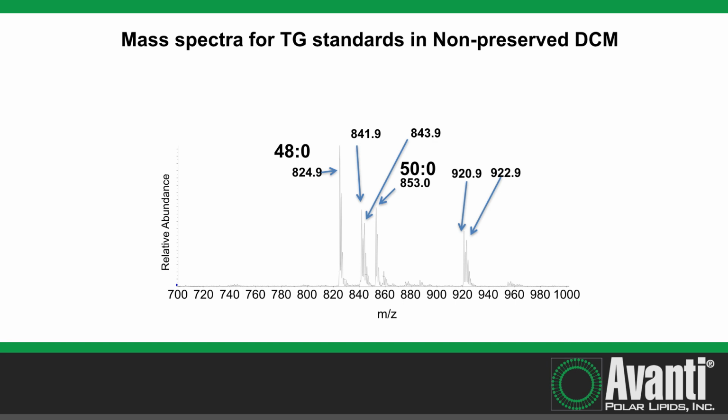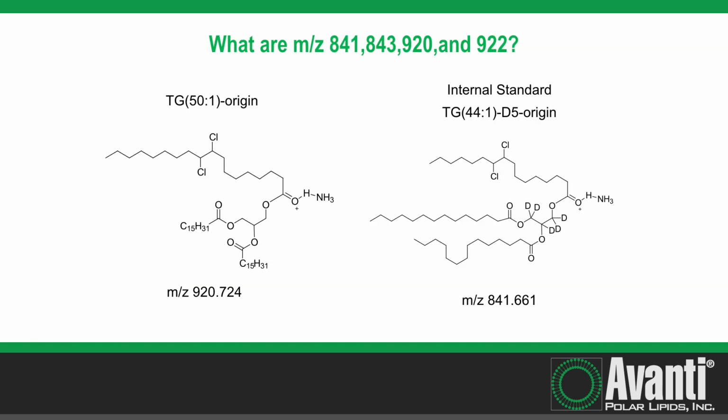Here we only see the two peaks we expected, and now we see four peaks, which we don't know what they are. It's 841, 843. So where are the other standards? They're gone, they're not here. And what are these new ions that we're looking at here? They weren't in the standard, and we have to put our thinking caps on and figure out what they are.